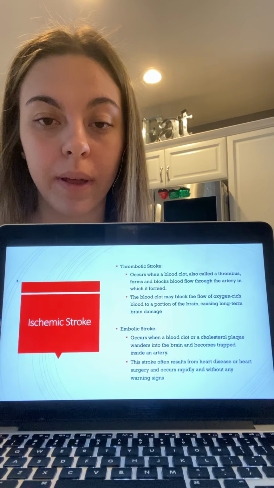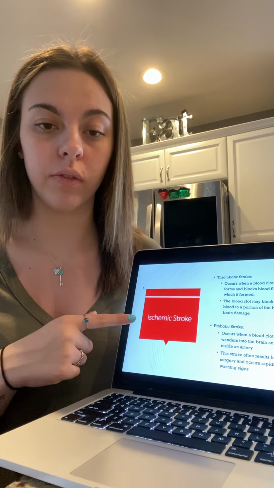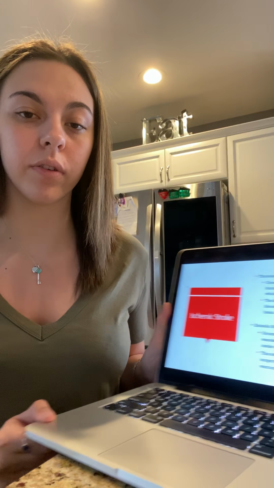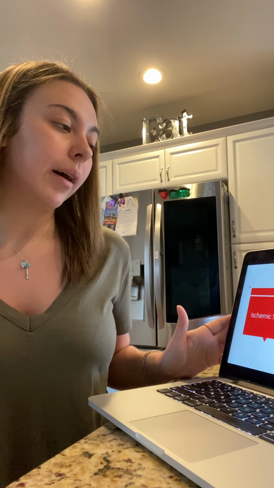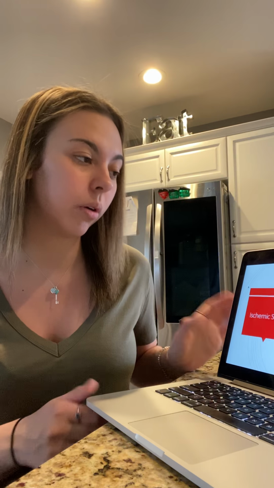So the first one we're going to talk about is ischemic stroke. So again, there's two classifications that fall under ischemic stroke, and the first one being thrombotic. And this type of stroke occurs when there's a blood clot, which can also be called a thrombus, and it forms and blocks blood flow through the artery in which it's formed.